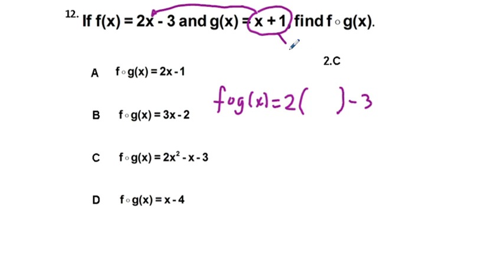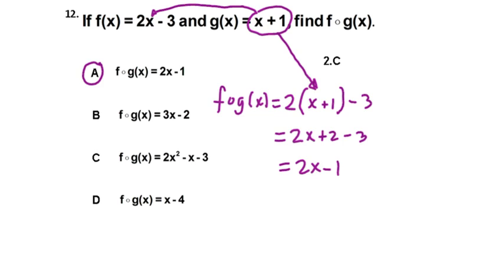Inside this parentheses, I place x plus 1. Distributing, we have 2x plus 2 minus 3. Simplifying, we have 2x, and 2 minus 3 is minus 1. So our correct answer is going to be A.